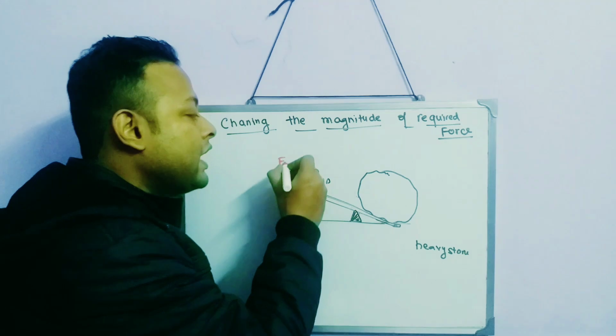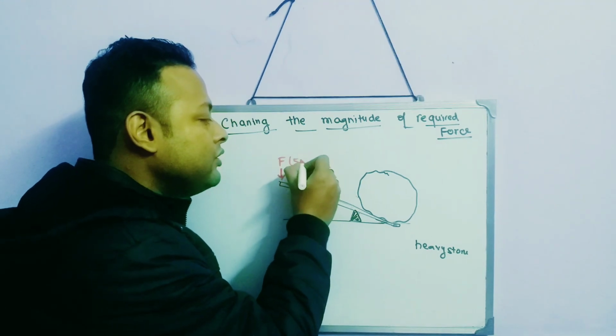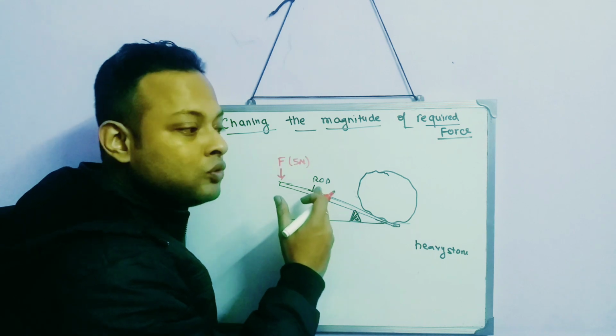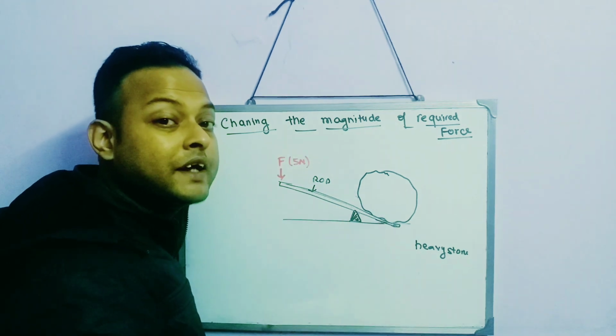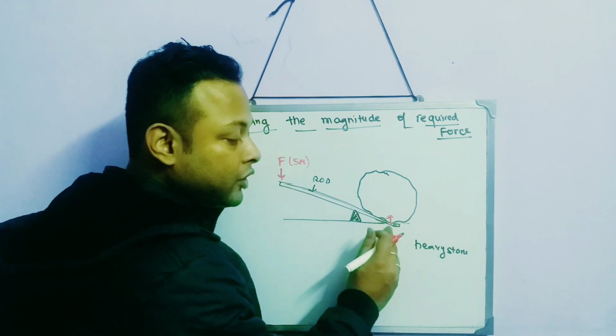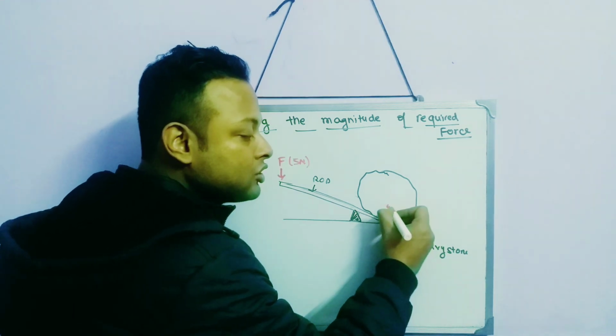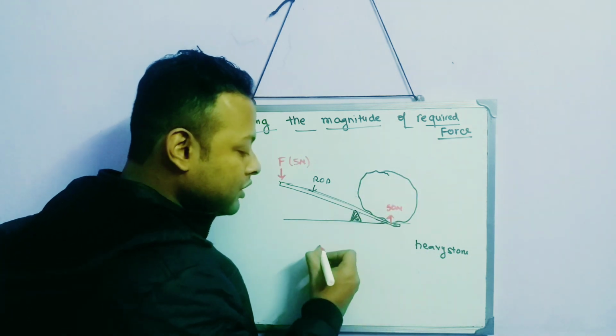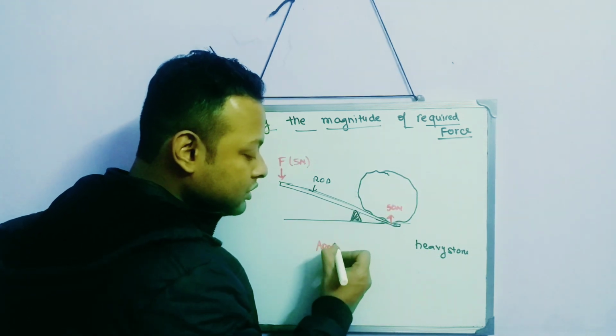Okay. So suppose I am applying a force of only 5 Newton. But on the other hand, this 5 Newton is getting multiplied 10 times. And over here, this rod is applying a force of 50 Newton on the stone. So what happened? My applied force is how much?